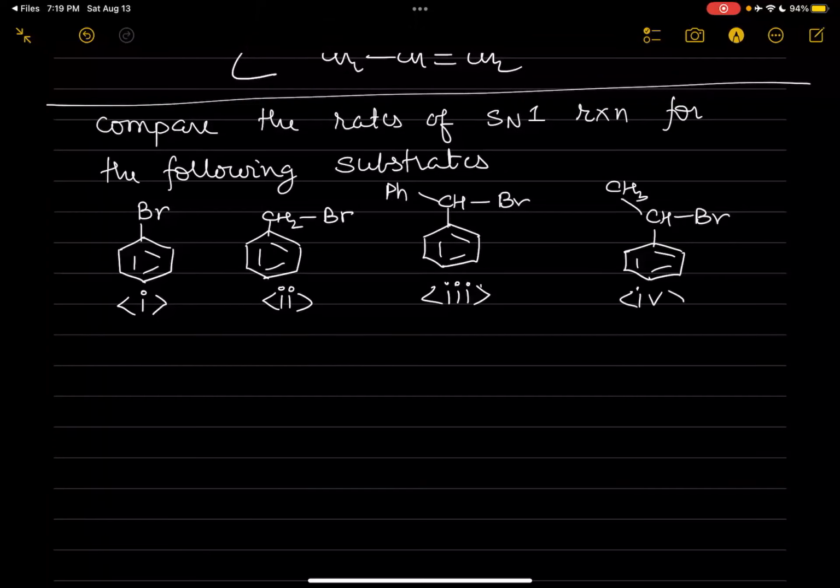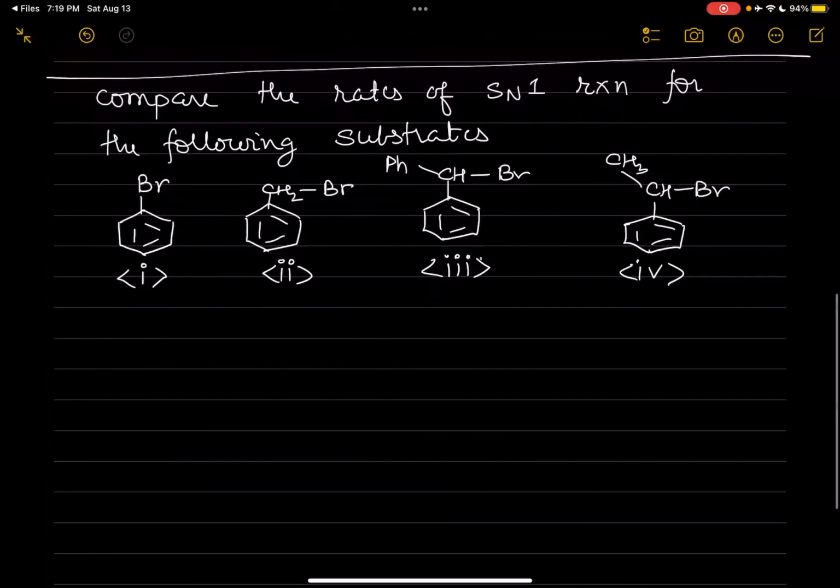Decreasing order of rate of SN1 reaction. So you need to check the leaving group. Which is the leaving group in all the cases?